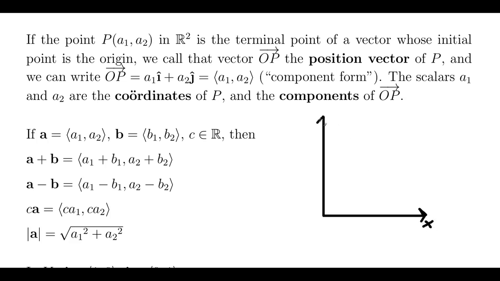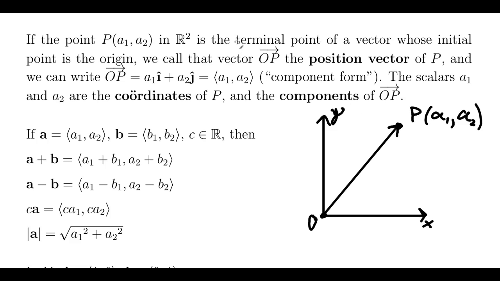Suppose we're in R2 and we have x and y, and we have some point that we'll call P, and this has coordinates a1, a2. Here's our origin down here. Let's use that as the initial point of a vector, and we'll let the terminal point of the vector be the point P itself.